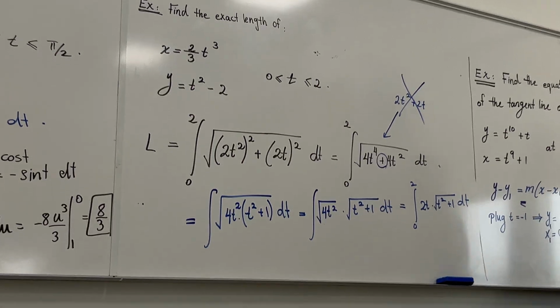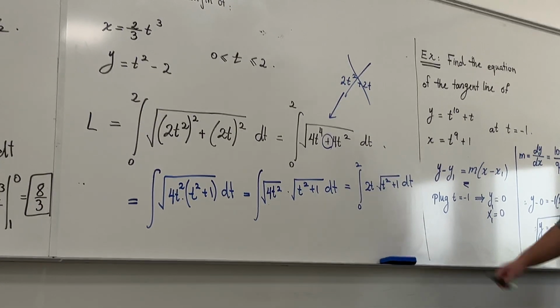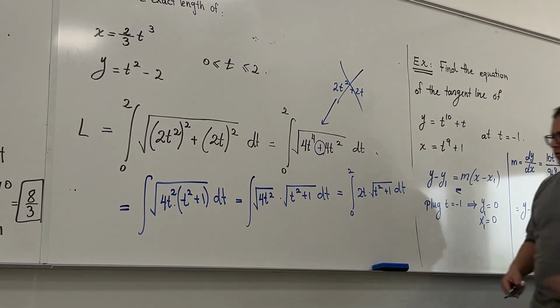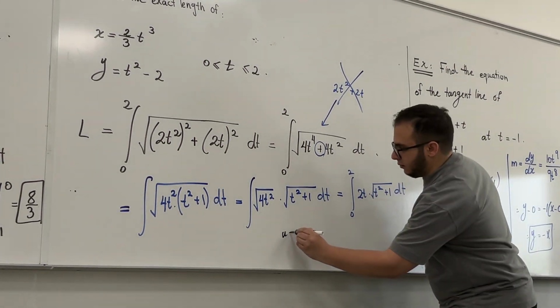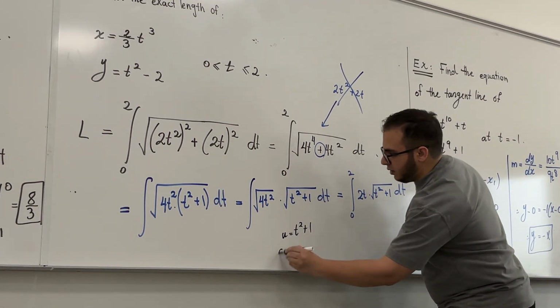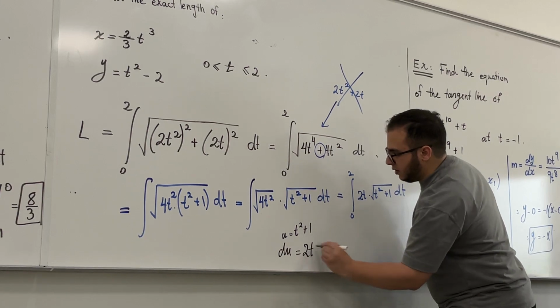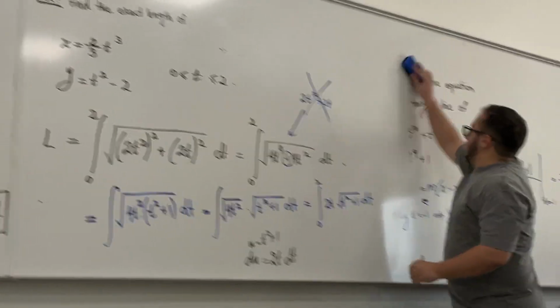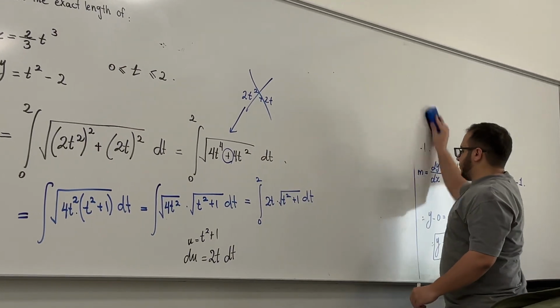I think clearly you can see a function with its derivative, right? So now what do we do? u equals t squared plus 1 and du equals 2t dt. So what happens here?